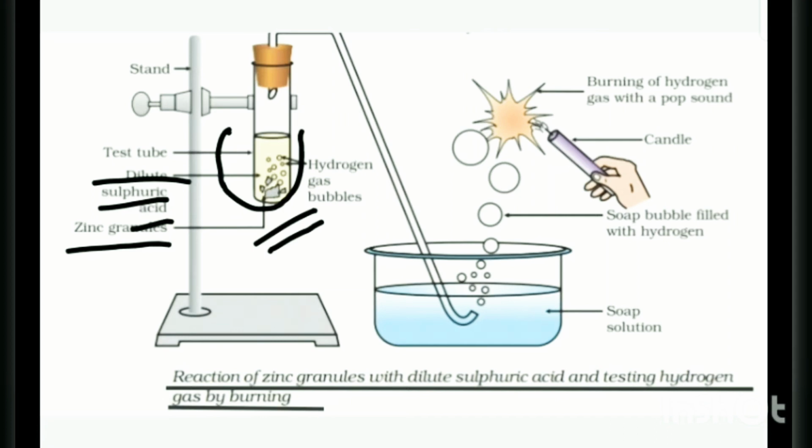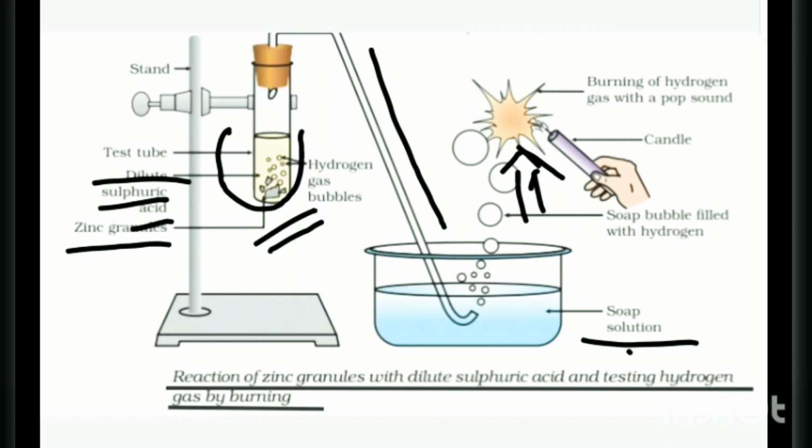That gas is passed through this closed pipe, and it is collected in this vessel having soap solution. So see here, a man is holding a candle. When this hydrogen gas reacts with the flame, you can see it pops. It is like the sparks when you light a birthday candle.